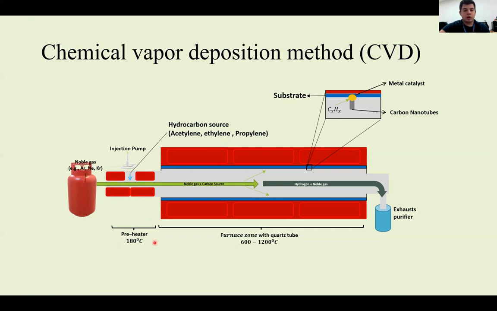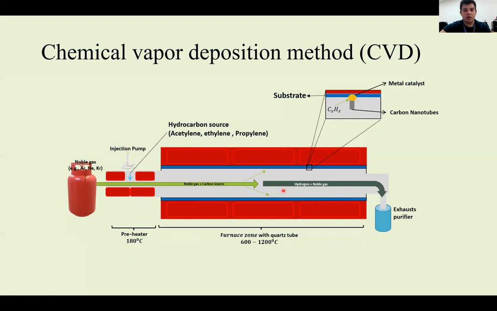This mix is preheated at 180 degrees and then passed to the furnace zone where it's heated up. In this zone, it dissociates the carbon and the hydrogen, and the carbon precipitates over the surface of a substrate that could have a metal catalyst nanoparticle where the carbon nanotube is formed.